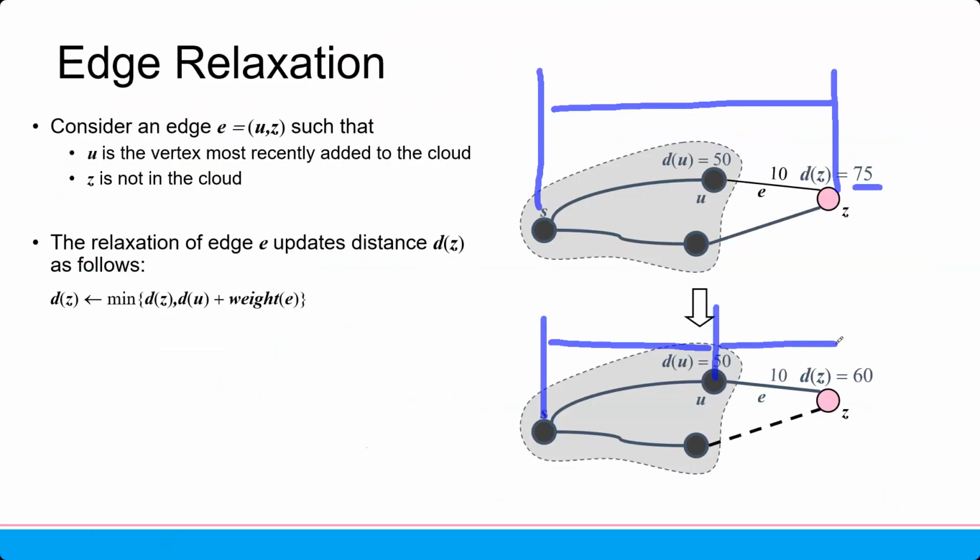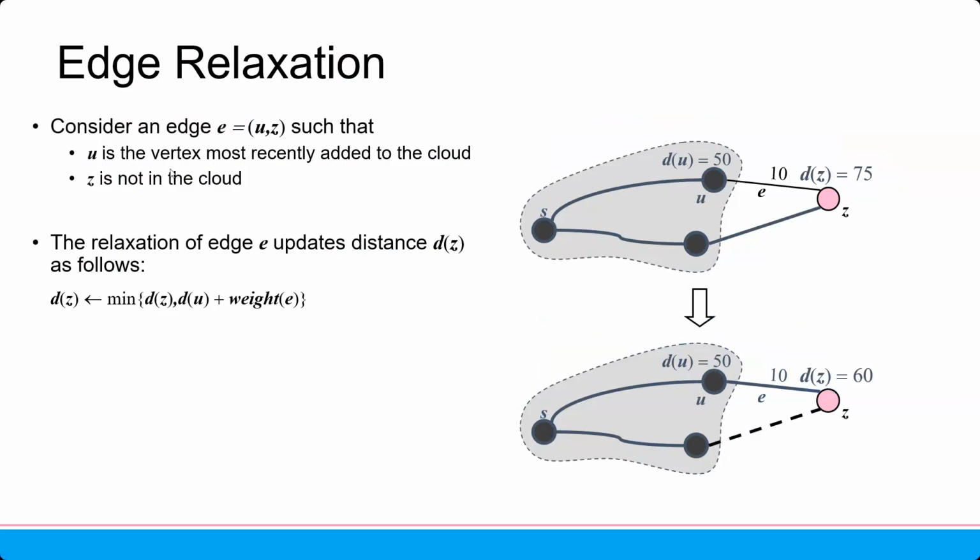And let's check the distance from U to Z. So it is 10. So the new distance is 60. So this is the meaning of edge relaxation.